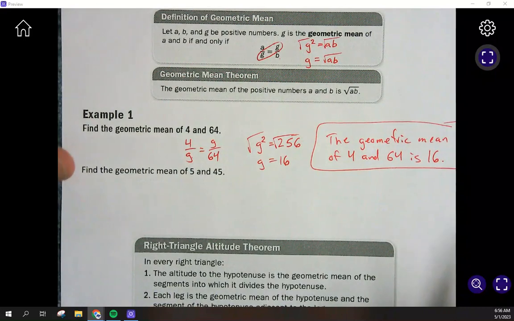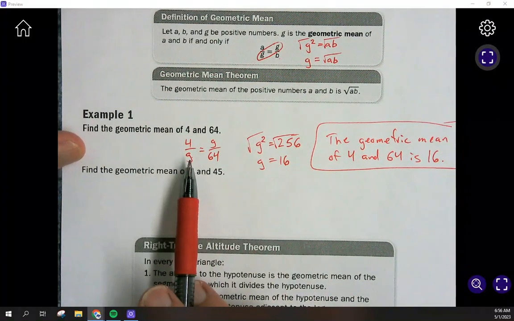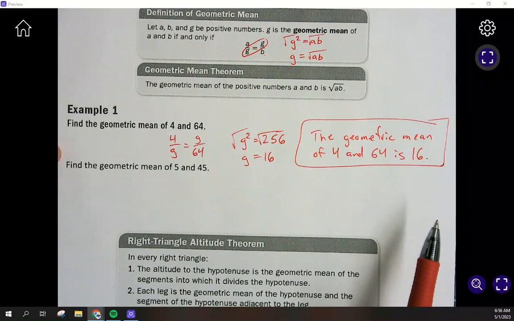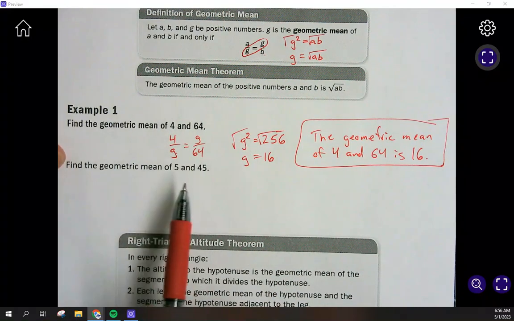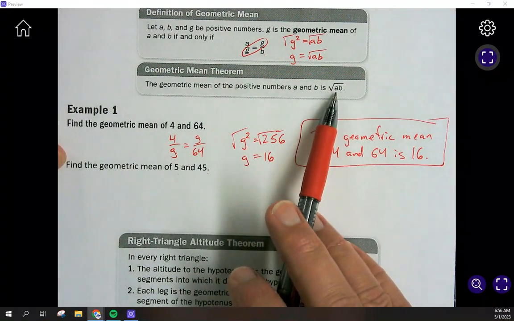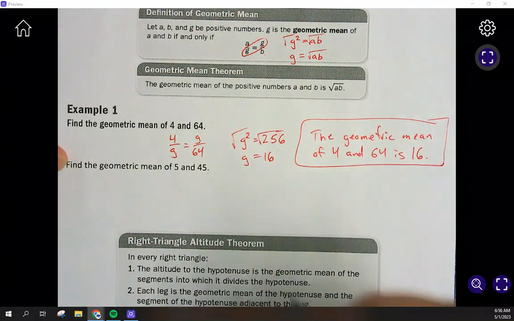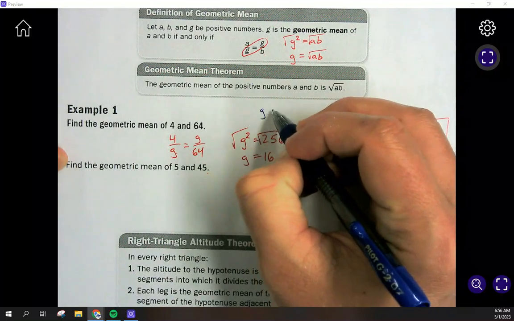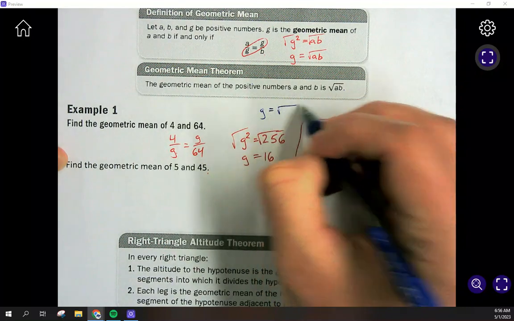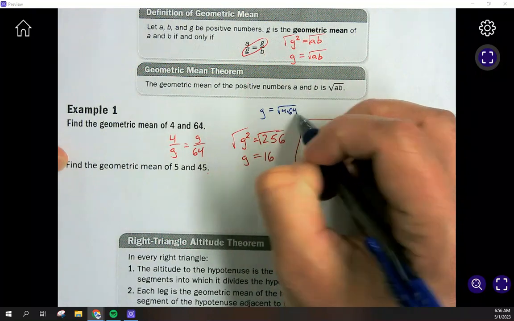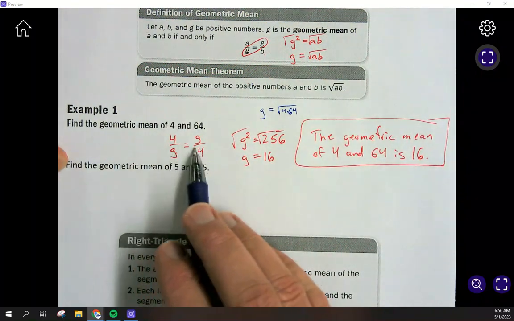Okay, so on that first one, I went all the way back to this original proportion and cross multiplied. But when we know what the geometric mean is representing in terms of these two, we can jump directly to here. So what we could have done, I'll write this in a different color, is we could have said g equals the square root of a times b, so 4 times 64, instead of going back to the original proportion.